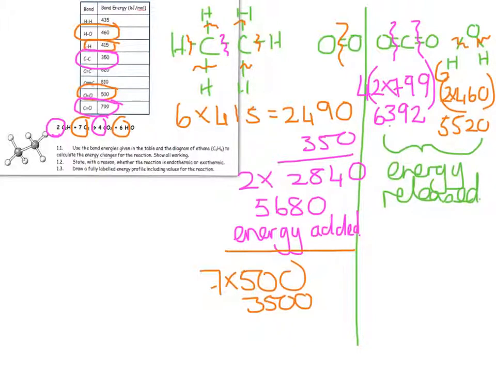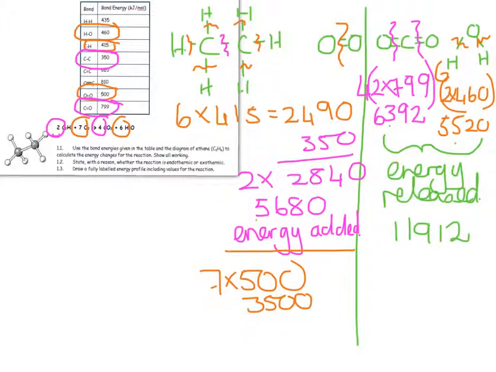Okay, so if I add all the energy that's going to be released, the 6,392 and the 5,520, I find that I get 11,912. If I add all the energy that is going to be added, I'm adding 5,680 and I'm adding 3,500.